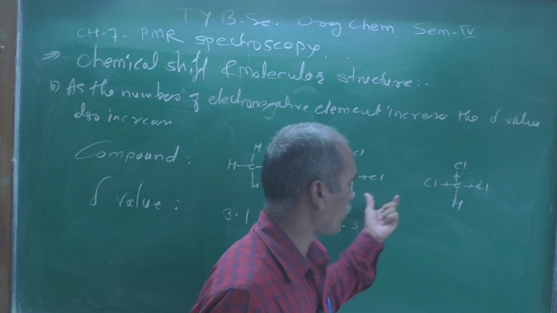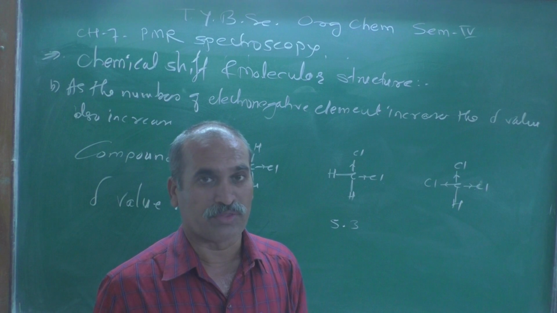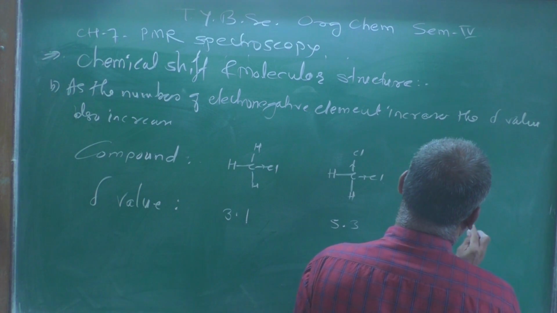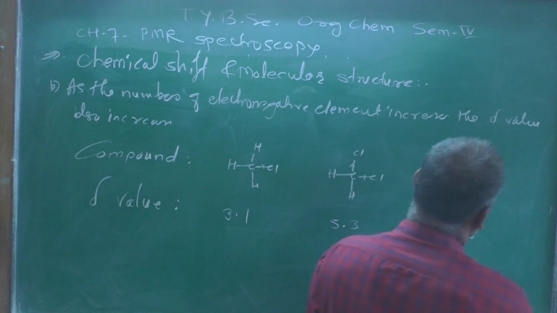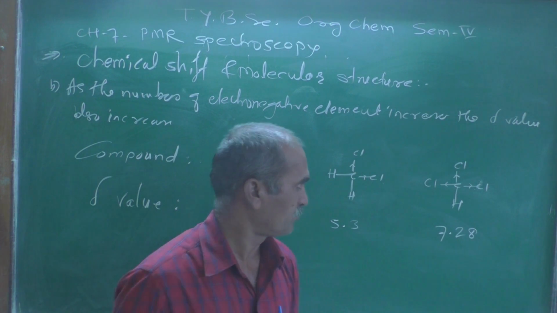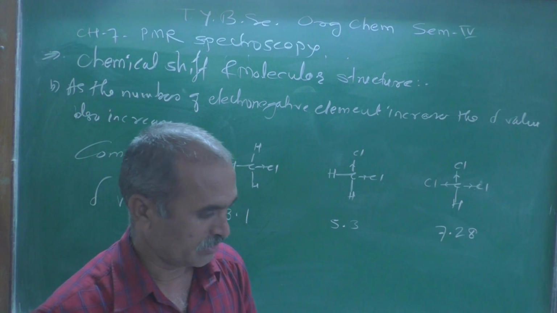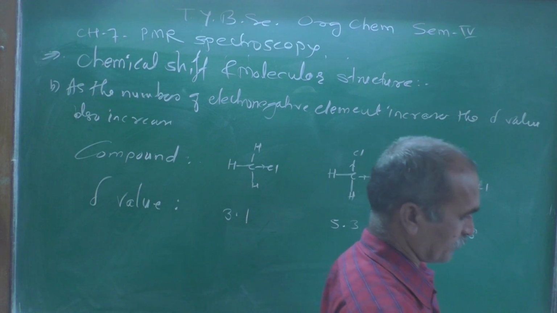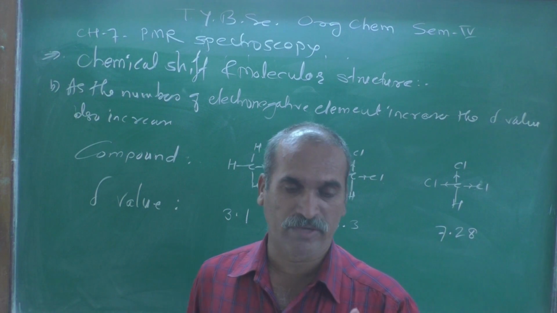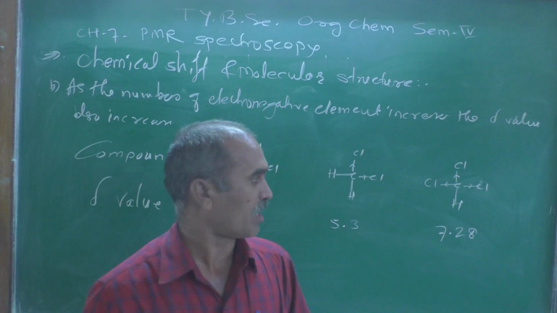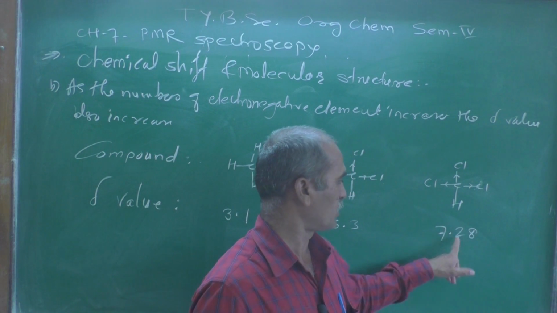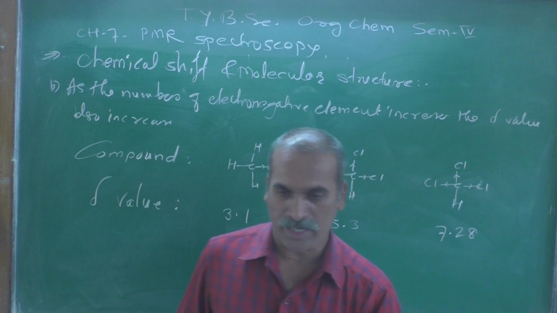Here are 2 chlorine atoms, here are 3 chlorine atoms, and therefore the chemical shift value is found to be 7.28. This is the well-known compound chloroform, and chloroform has only one proton, and that proton shows a chemical shift value around 7.28.